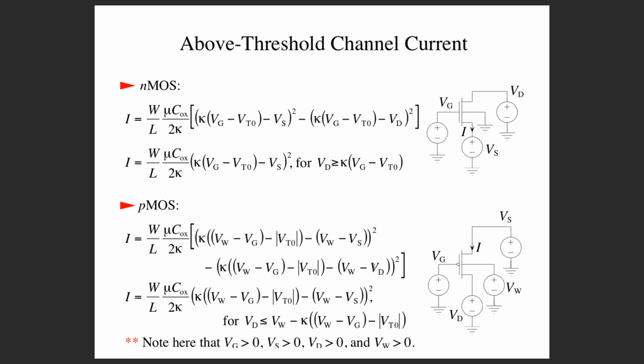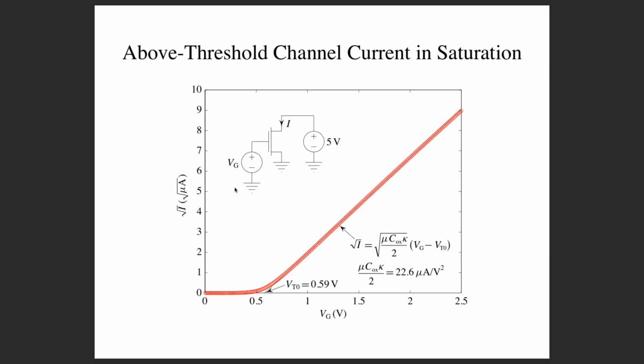Okay, so if we take this saturation case where we're at a large drain voltage and actually measure those characteristics, what we get is something like this. This is exactly the same data as I showed you in the semi-log scale last time, only now we're plotting on the vertical axis the square root of the current versus gate voltage.